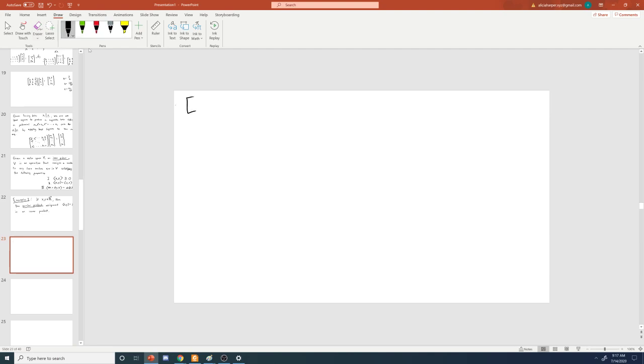Example 2. We're going to consider R m times n, the space of m by n matrices A, with components aij.